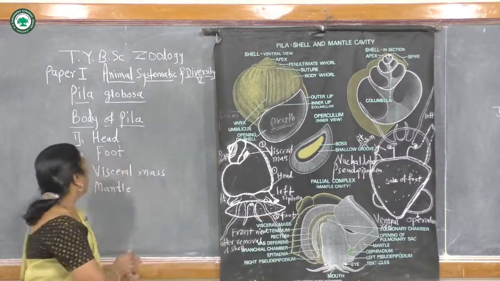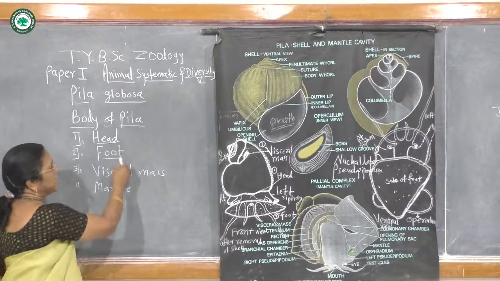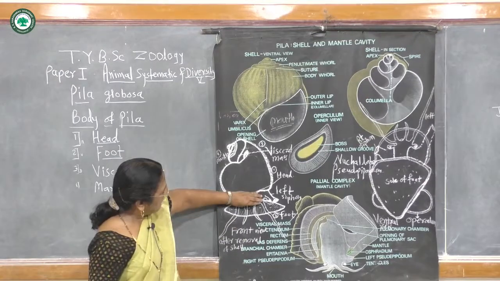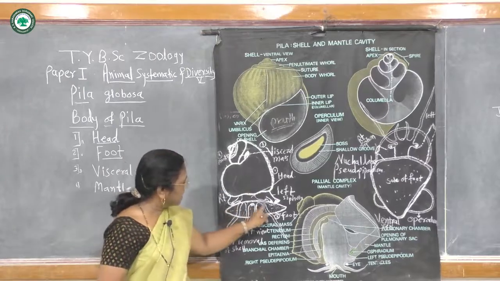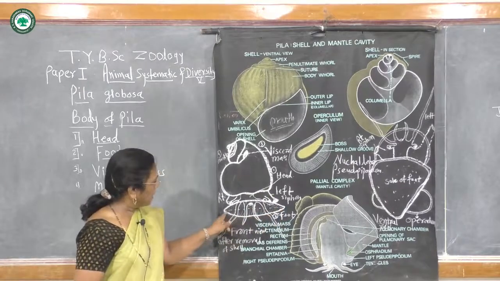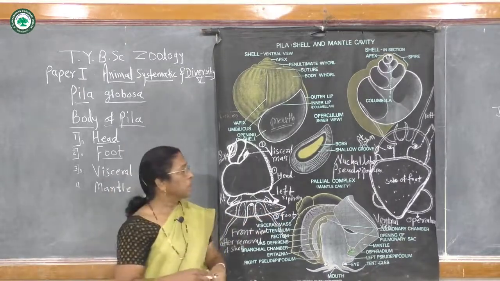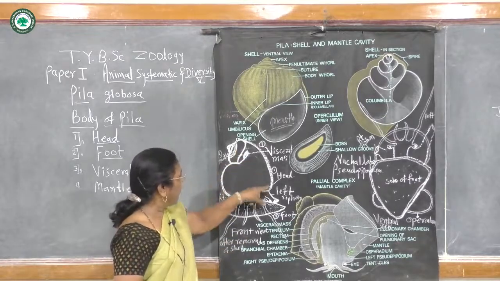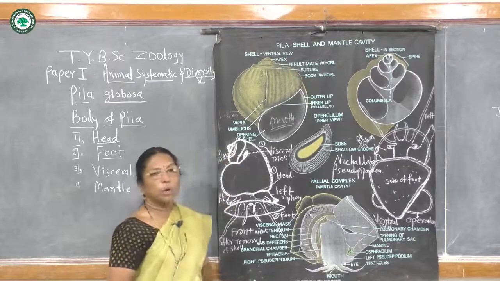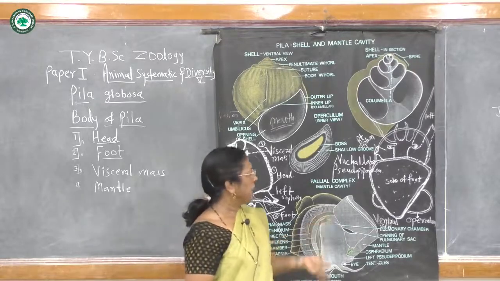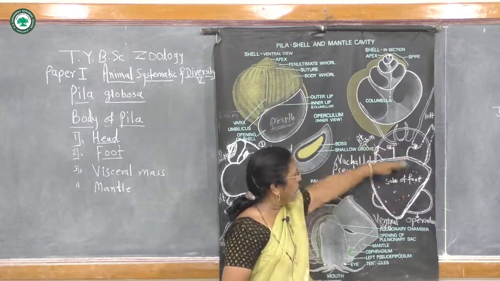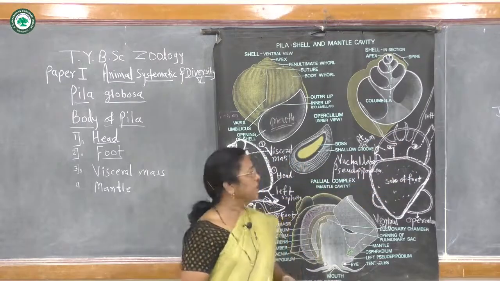This is the head. Then second, ventrally, behind this head, there is a leaf-like, muscular structure. This is the front view of the animal after removal of shell. This is the ventral view of the animal after removal of the shell.